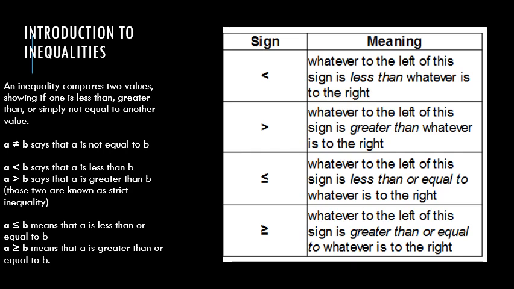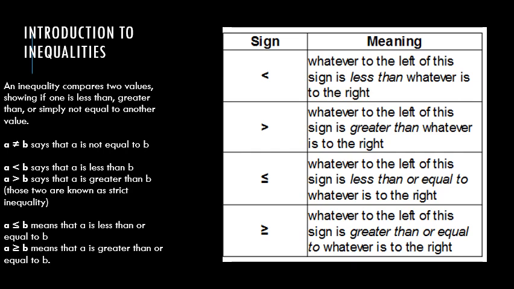So less than or equal to b covers not only the less than part, but also those situations where it is equal. So a less than or equal to b means either a is less than b, or in some situations a can be equal to b also.